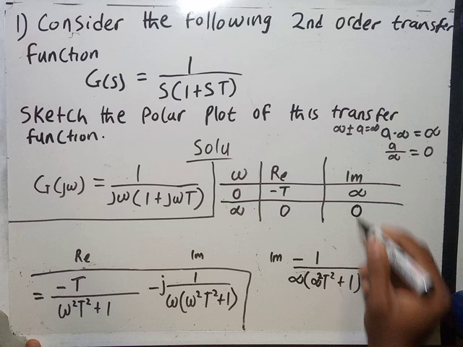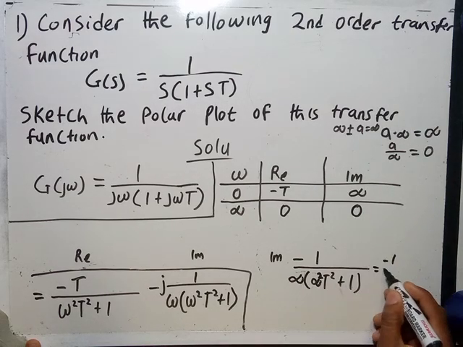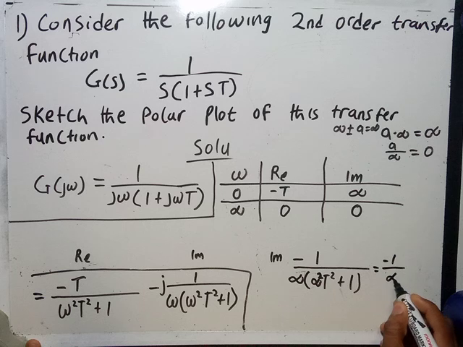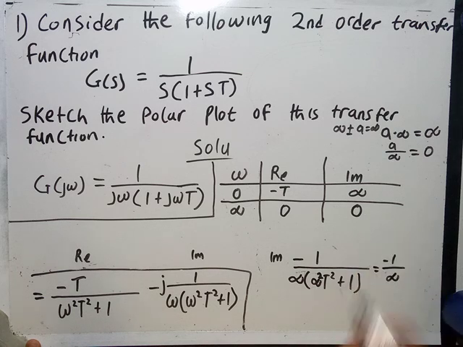So here will be 0. This multiplied by this will give us minus 1 over infinity. This divided by this will give us 0. So these are the values that we have gotten.